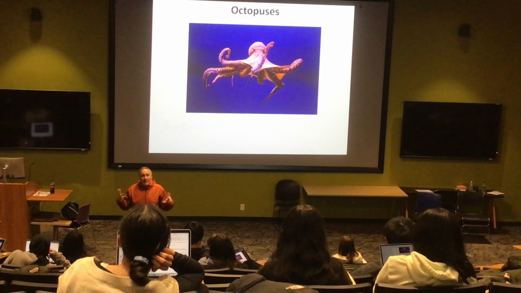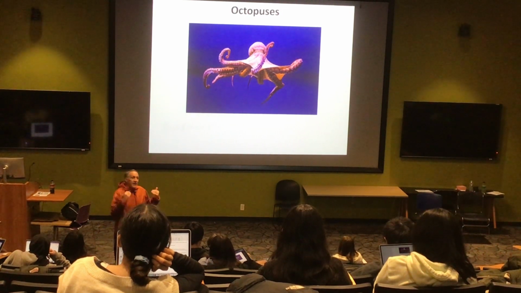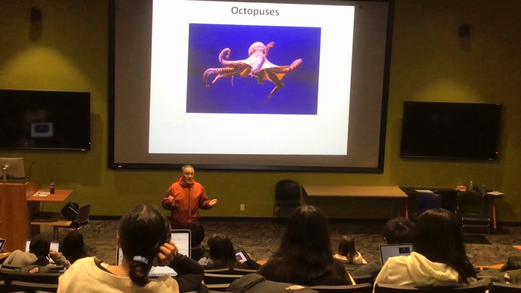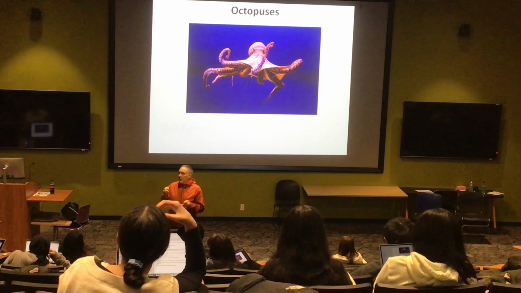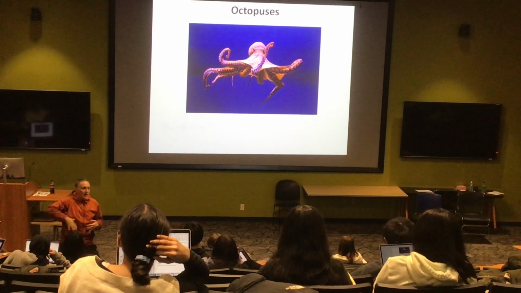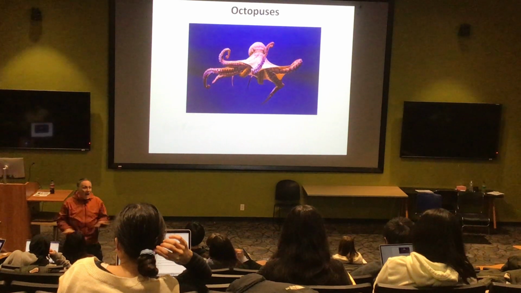And one of the amazing things about octopuses is how dramatically and quickly they can adapt to amazing differences in their environment. They can change rapidly in response to temperature, the pressure at which they're occupying the ocean. They change essentially the RNAs constantly.